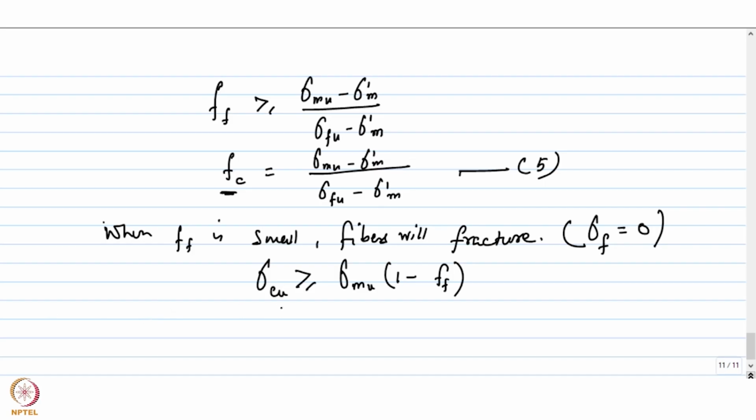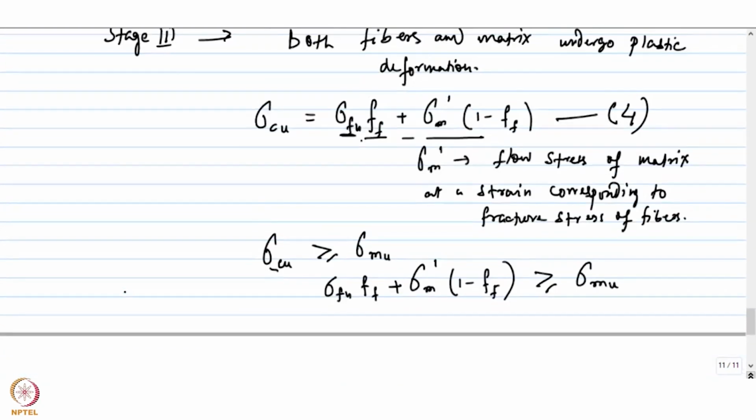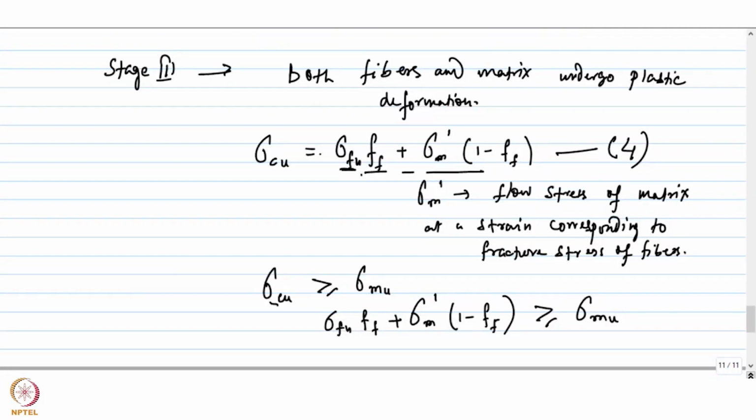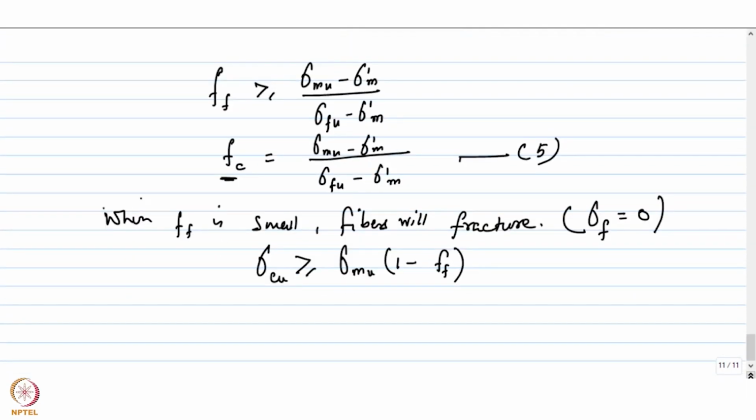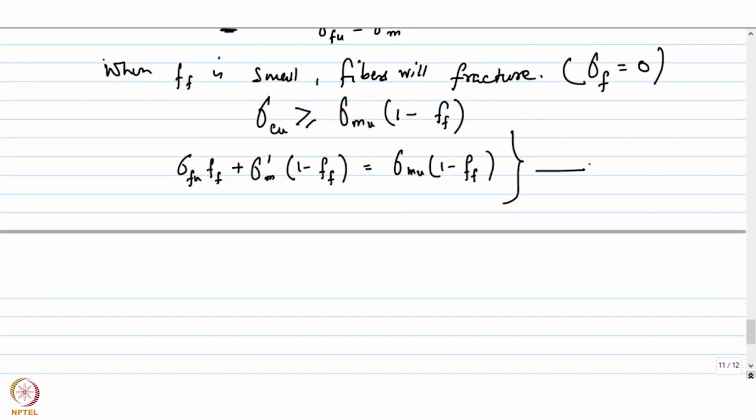So now if I replace sigma Cu from the previous equation that we have, that is equation 4, then we can write... and the corresponding volume fraction under this condition, when this occurs, will be given as this by rearranging this particular equation.